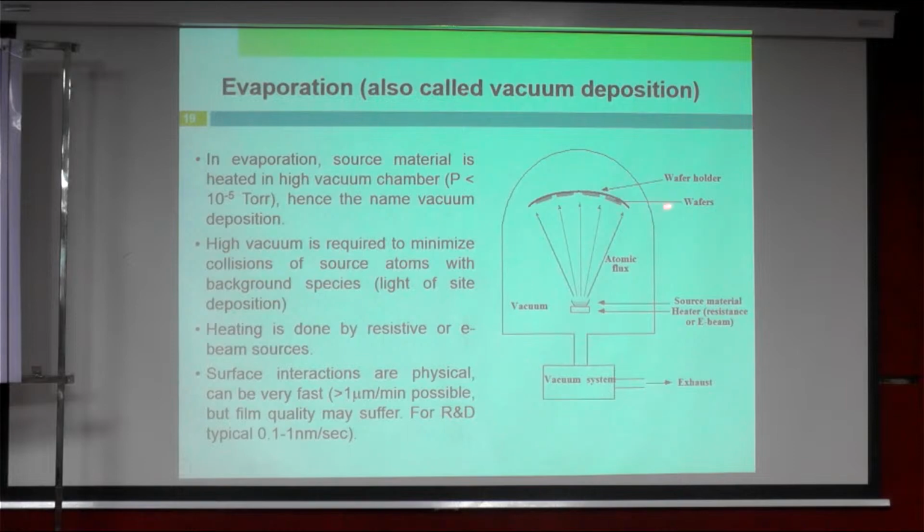High vacuum is required to minimize collision of source atoms with background species, and heating is done by resistive or E-beam. We will look into the E-beam evaporation as well. Surface interactions are physical and can be very fast, but film quality may suffer. As mentioned before, evaporation might not give you the best quality of thin film in comparison with sputtering.